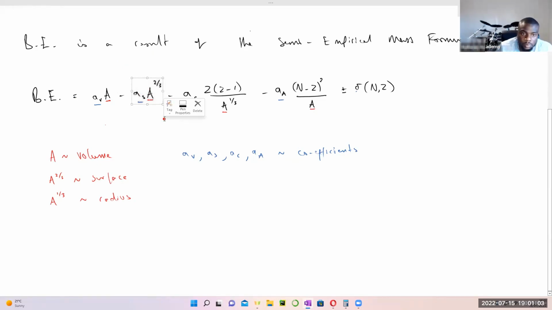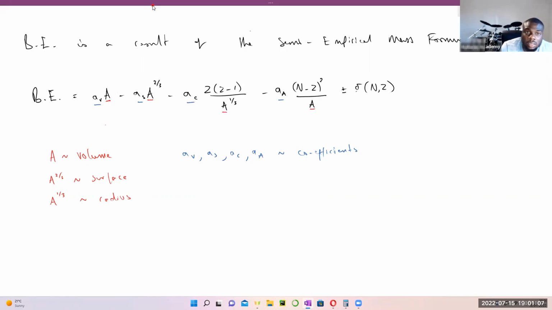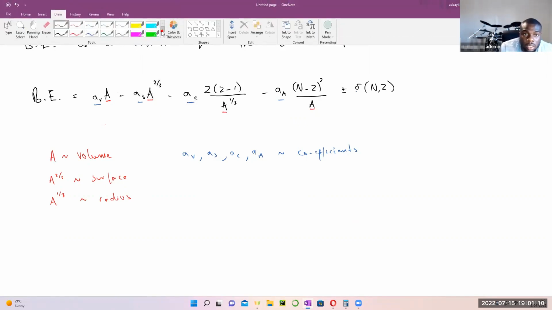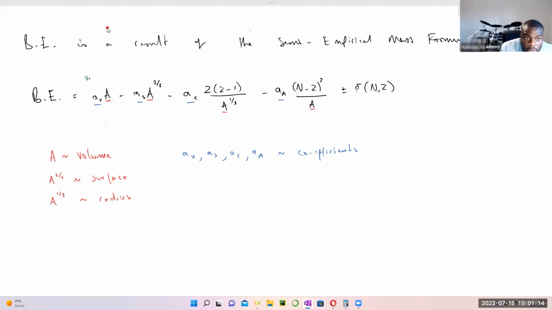As an exercise, I want to see if you can guess what it may pertain to. So this is called the volume term, right? This volume term just says that because I have all of these particles in a volume, remember, it's the strong nuclear force, right?